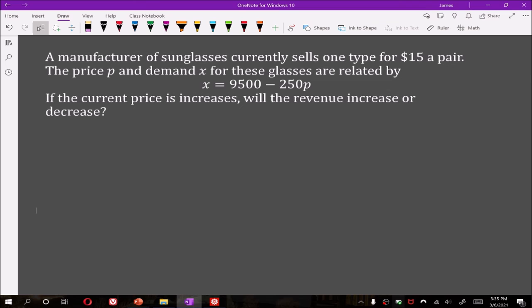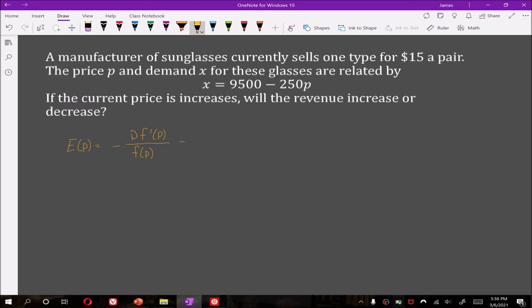If the current price is increased, will the revenue increase or decrease? First, we need to find elasticity of demand. So E of p. Now remember, that is negative p times f prime of p over f of p.